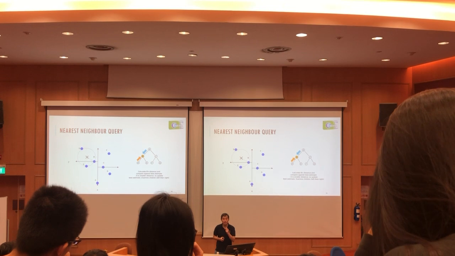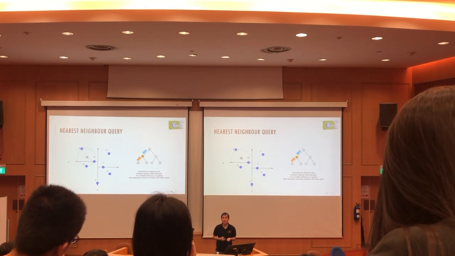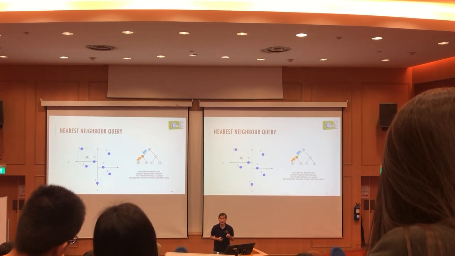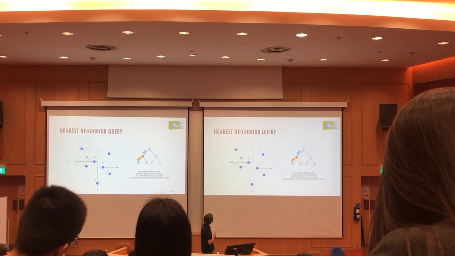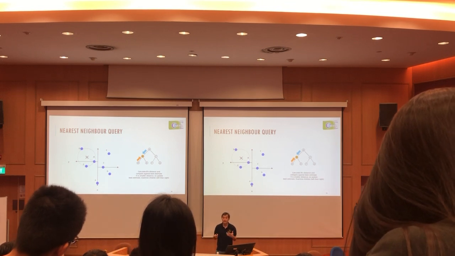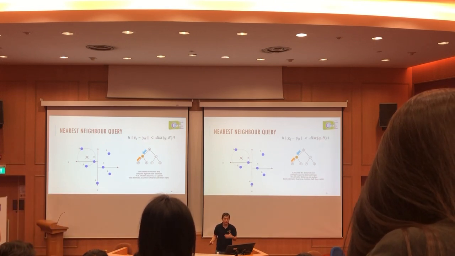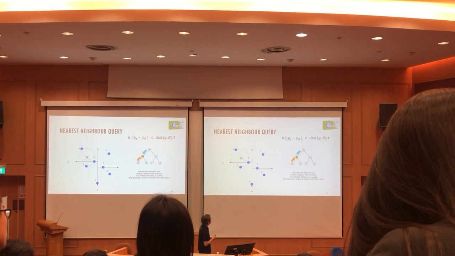Now when I go back to B, I've recursed up a little bit. I need to check whether this sphere overlaps with any other region. The way I do that is I just check the splitting coordinate.